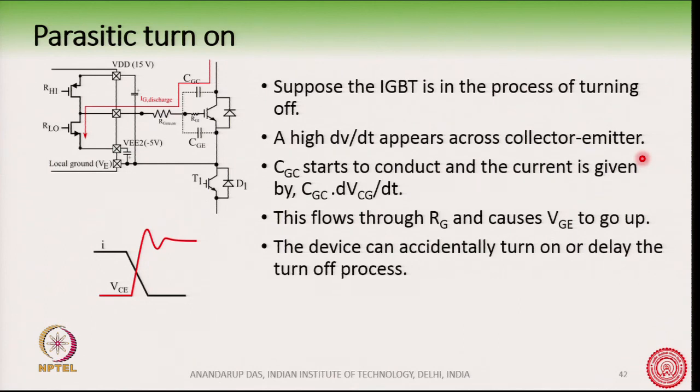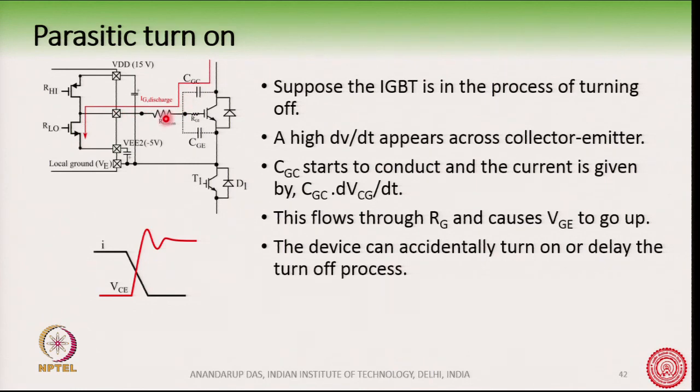And so, this high dV/dt, and there is a capacitance here, and this high dV/dt on this terminal along with this capacitor will cause a current to flow. Okay. And what is the current flowing? CGC times dVCG/dt. This is the current which will flow through this here.